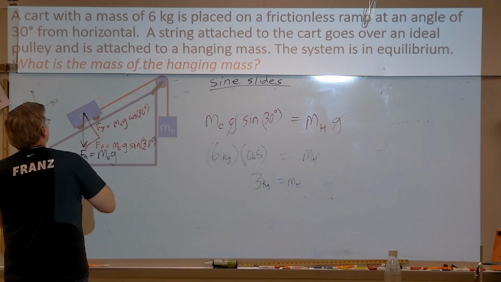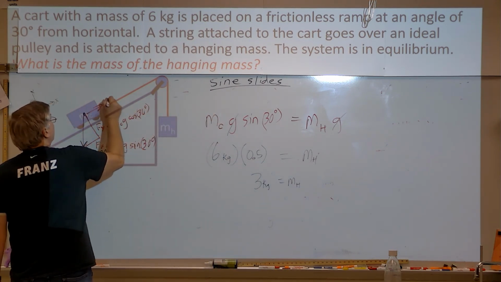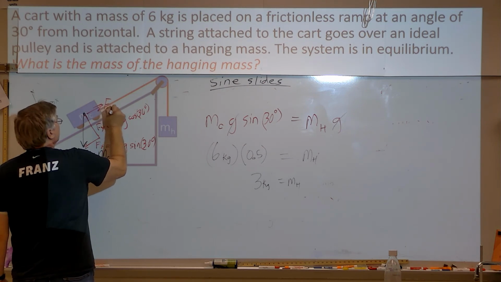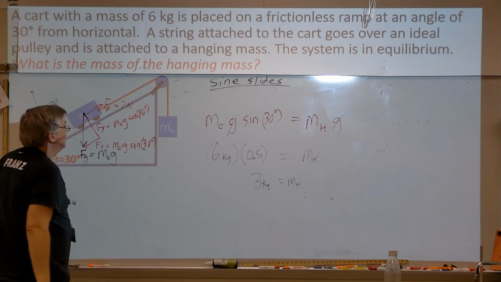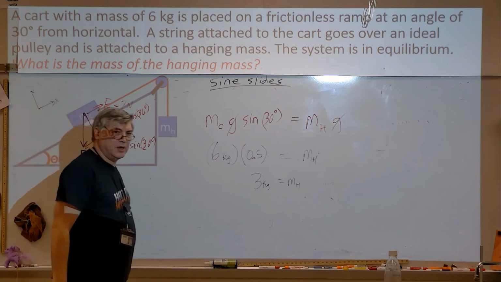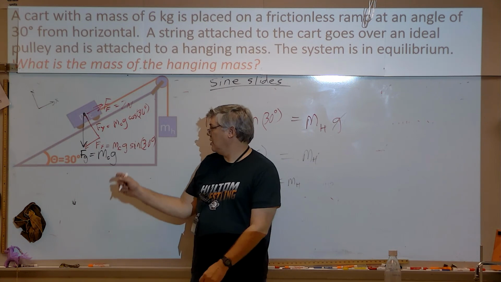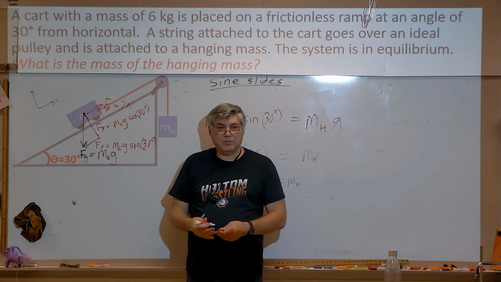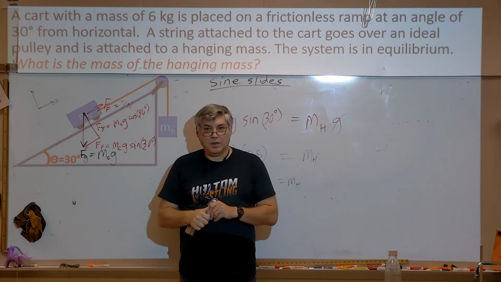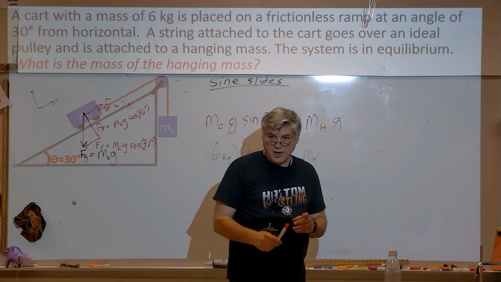Say the force of friction is some random number, 2 newtons. What's the net force down the hill? You just calculate this and subtract that, and then you've got the force. Everybody think they can do that?